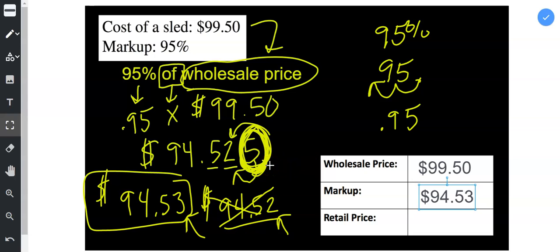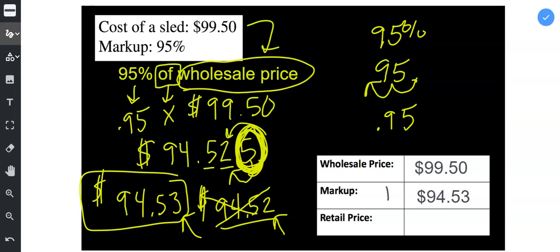To calculate the retail price, I'm going to show that you add the wholesale price and the markup to get the retail price. Now, you may use a calculator for this. I'm going to go ahead and do this by hand. 0 plus 3 gives me 3. 5 and 5 gives me 10. I carry the 1, and I bring down that decimal. 9 and 4 makes 13, plus 1 more gives me 15.